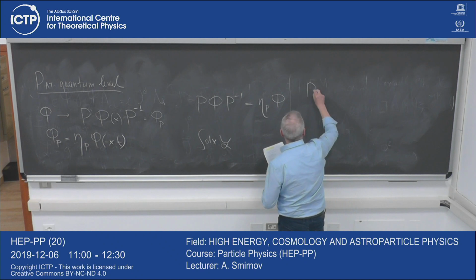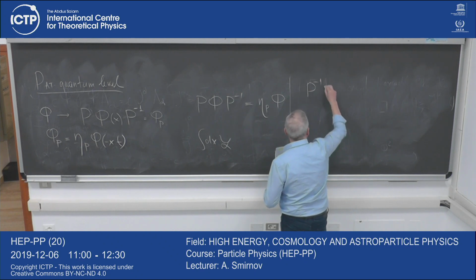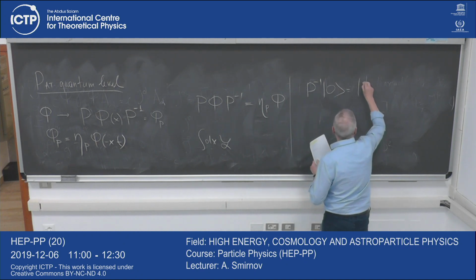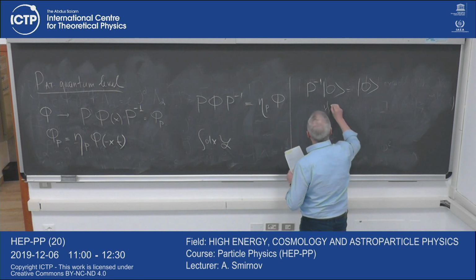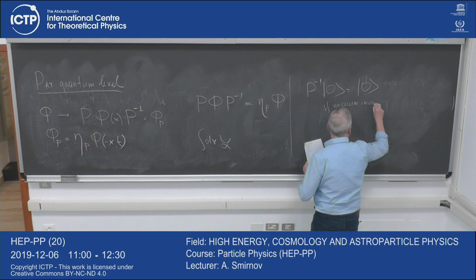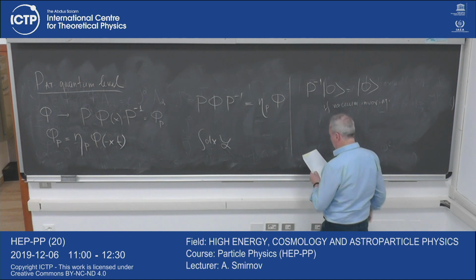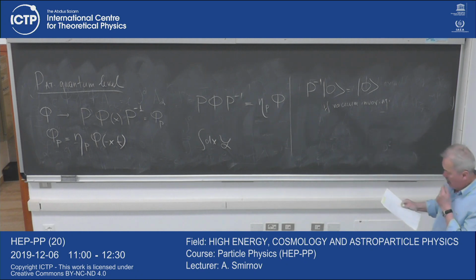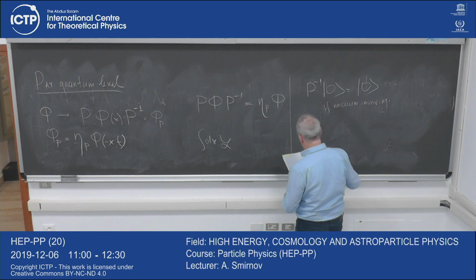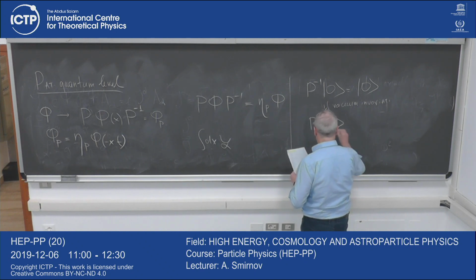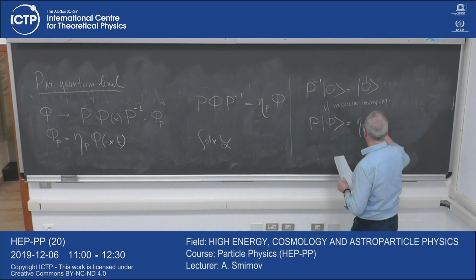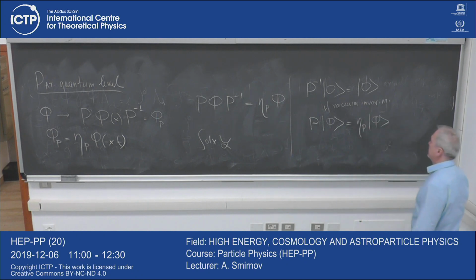Now, how does this operator P act on the vacuum? It's again the same state if the vacuum is invariant under P transformations. And therefore, the P transformation of a given field is just given by eta_P times the field F in this case.